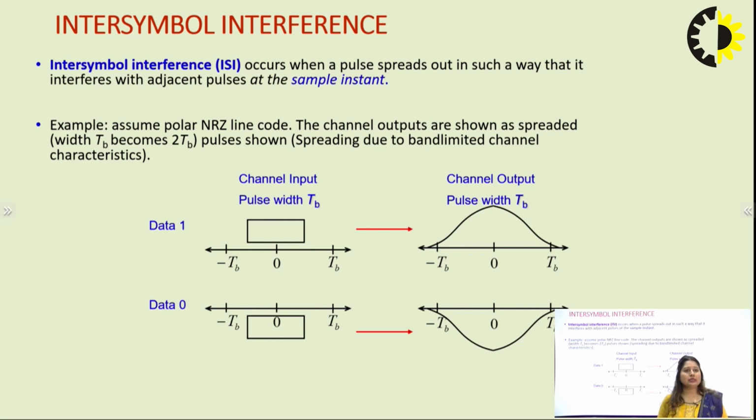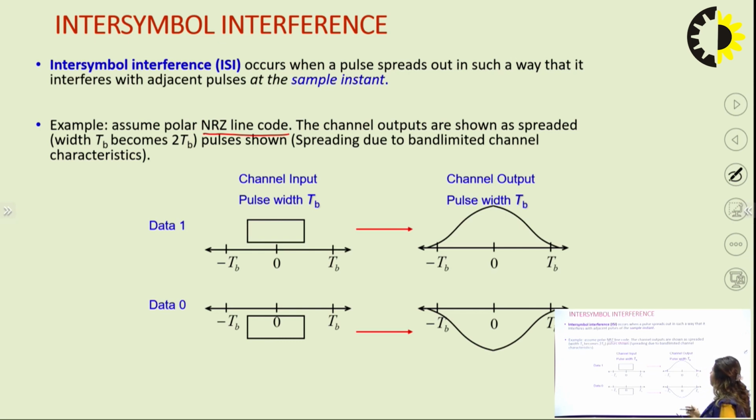Whenever the pulse spreads in such a way that it interferes with the adjacent pulses at the sample instant, it creates the problem called intersymbol interference. Here, the figure below shows an example of an NRZ line code, which is a non-return to 0 line code. The channel outputs are shown with a spread width, that is, TB becomes 2 TB.